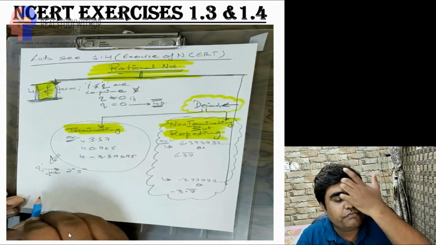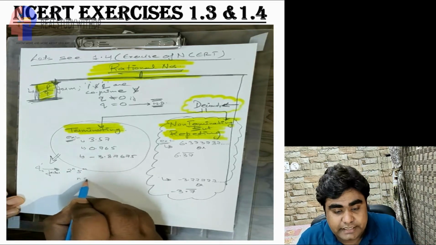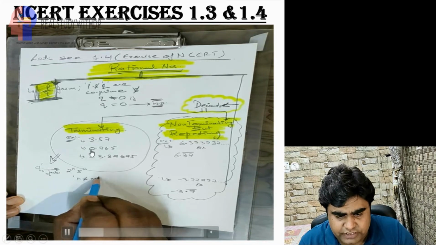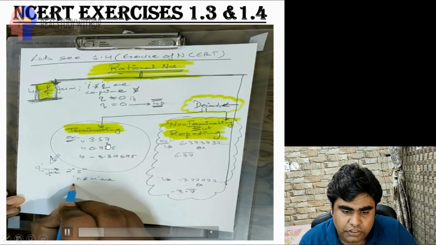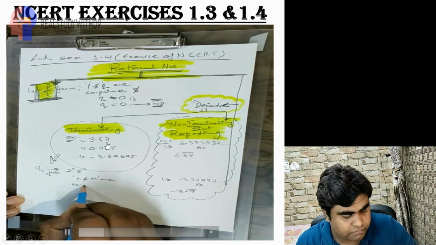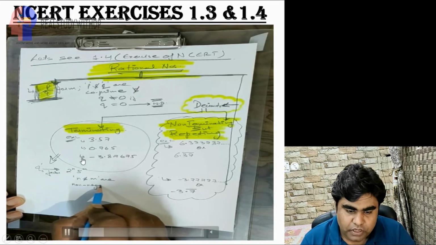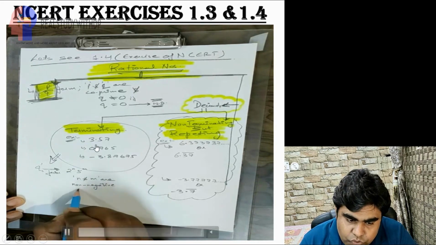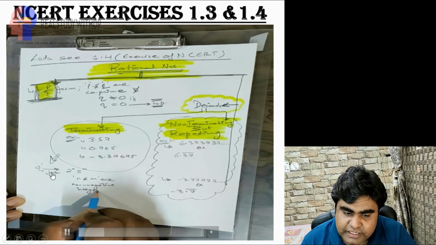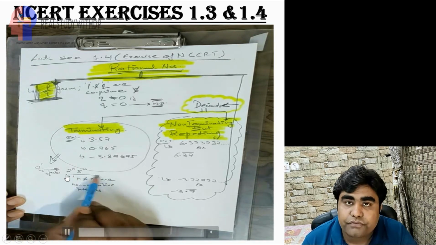That means if you convert this number, say for instance 3.57, into P by Q form, which I'm going to show, then Q will have only 2 and 5 as factors.